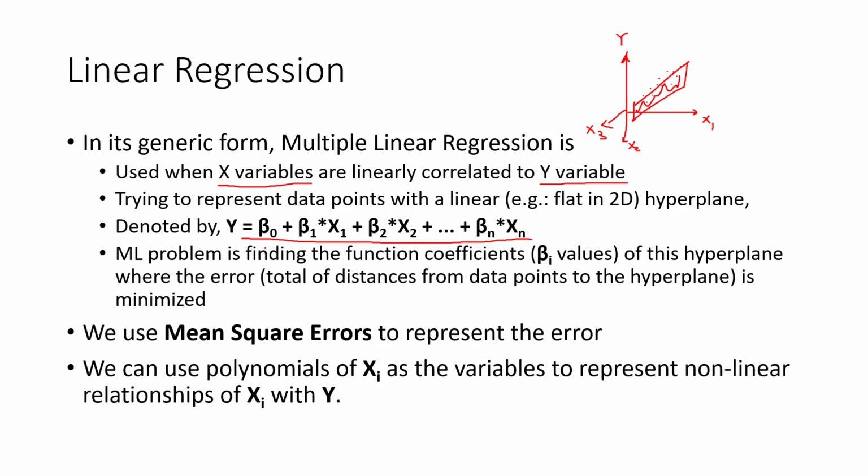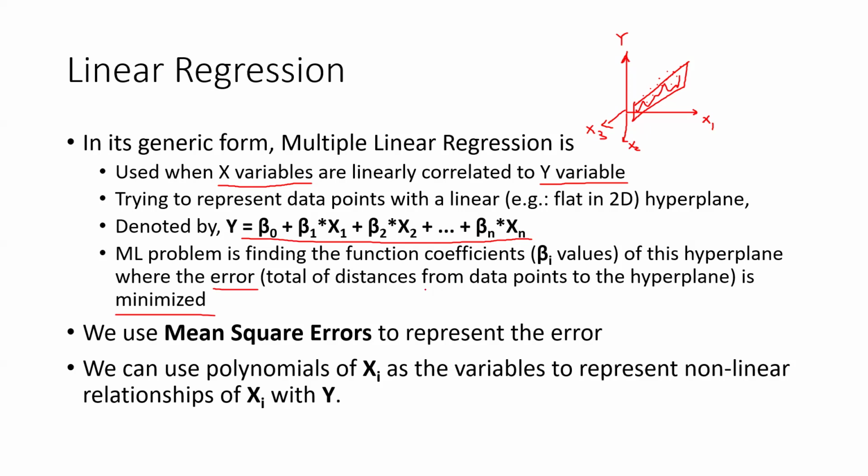So what we are going to do in linear regression is find the beta values in this equation while reducing the error, right? We want the error to be minimized. We want to find these beta values. So when we find the beta values, this is what we want as the solution of the linear regression, right?